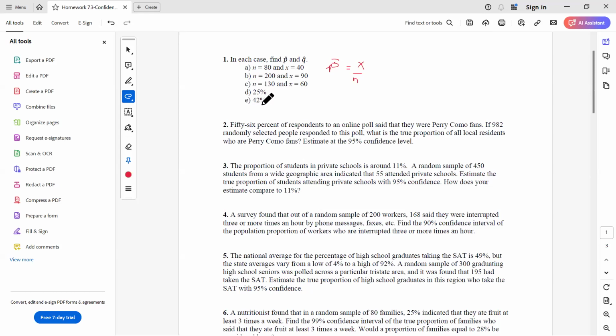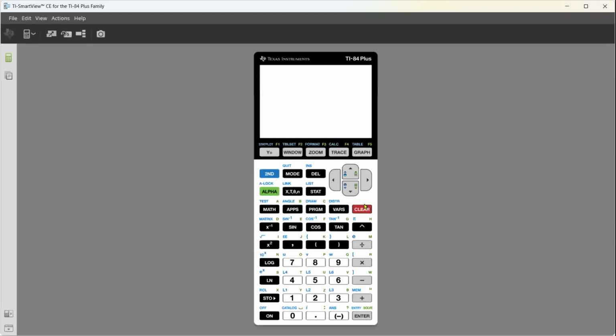So for example, on part D, D is 25%. So I'm going to do D here, and let me clear this out.